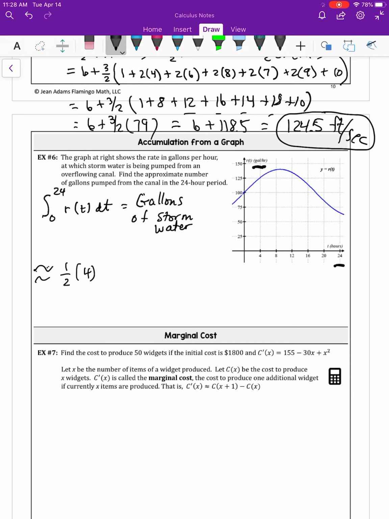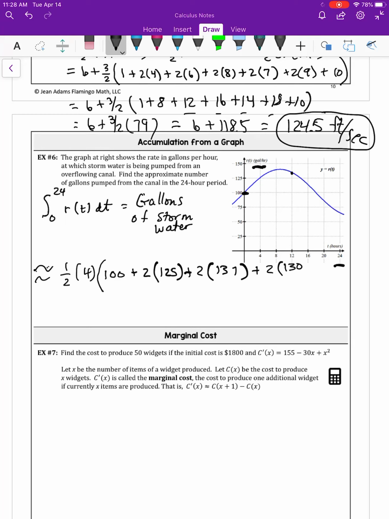And so I'm going to use trapezoidal on this one, and so I'm going to say it's approximately equal to, I've got our 1/2. Each one of these intervals is a 4, so times 4, like, so 4 minus 0, 8 minus 4, 12 minus 8, 16 minus 12, 20 minus 16, 24 minus 20, and then times, and so you've got your first value at 0, which is 100, your y value is 100 here, and then you've got plus twice your second, so I said plus twice 125, plus twice your third, I said plus twice 137.